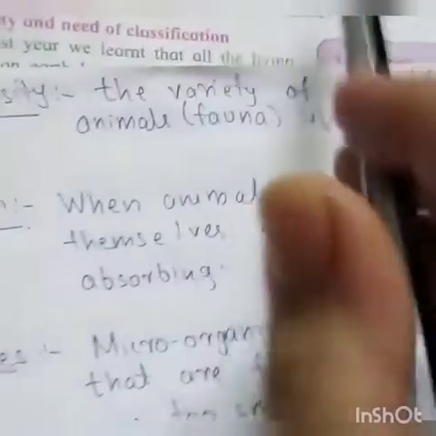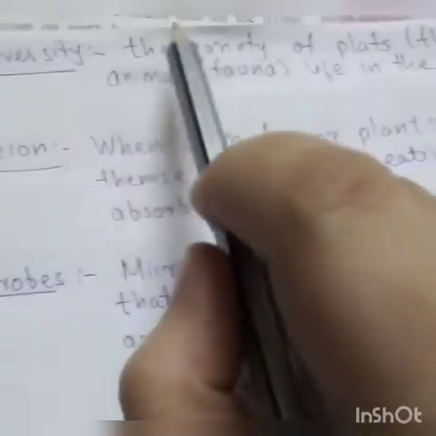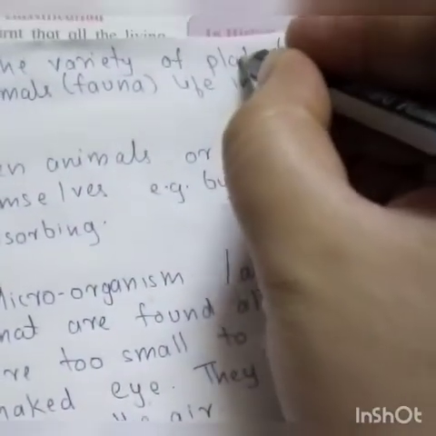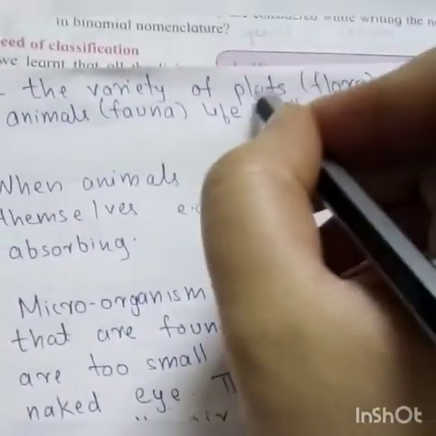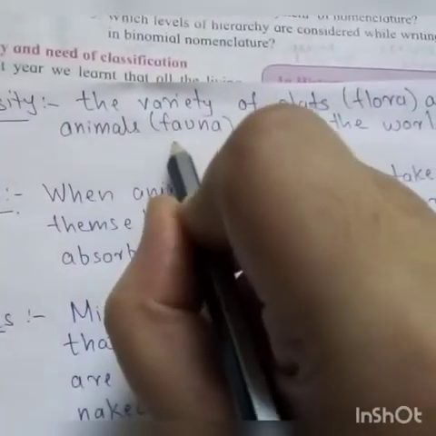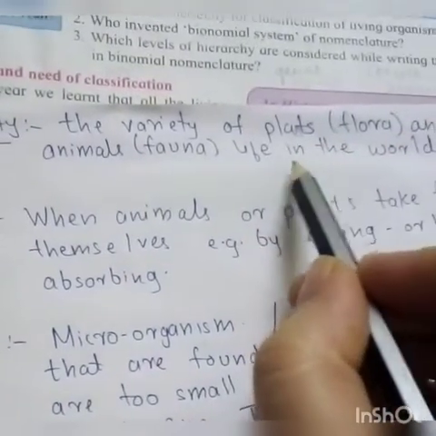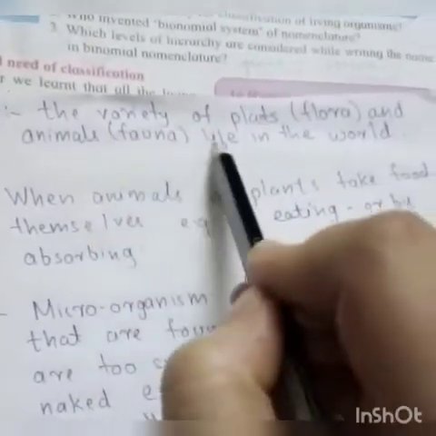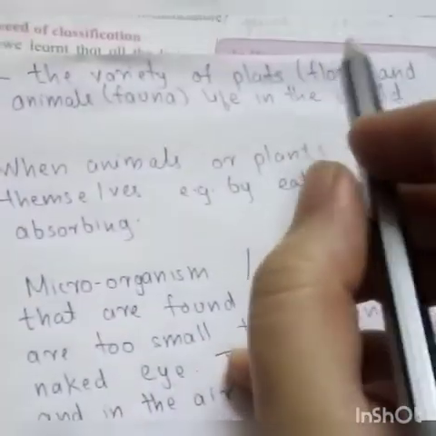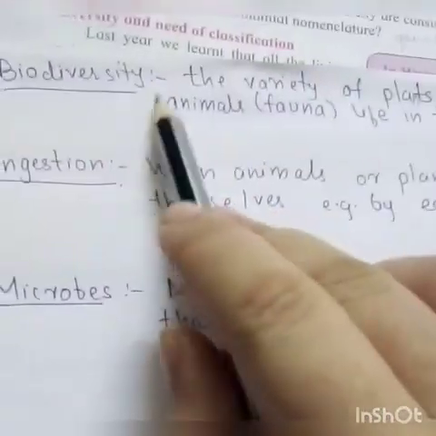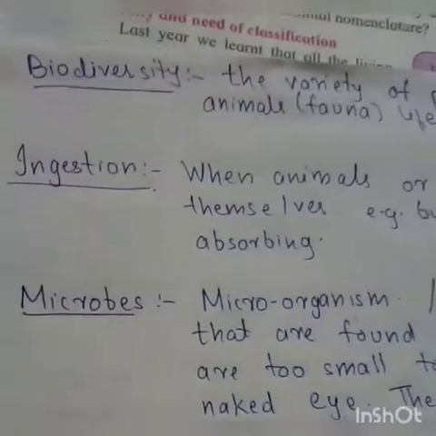Biodiversity is the variety of plants, also called flora, and animals, called fauna, in the world. In simple words, biodiversity is the variety of plant and animal life in the world or in a particular habitat or region. This is the meaning of biodiversity.